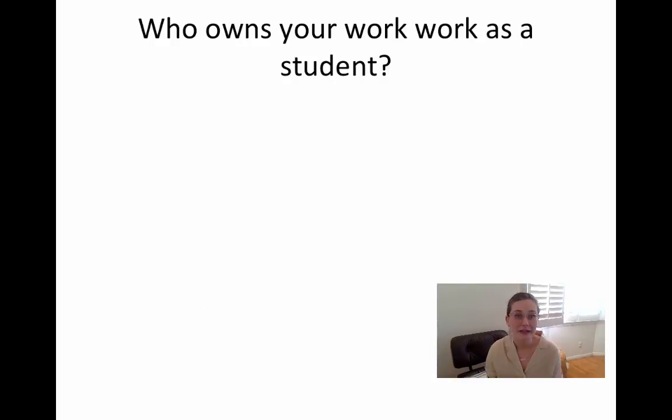One way to start thinking about this question of intellectual property would be to think about who owns your work as a student. You are frequently asked to submit your work to various websites or platforms as a student. Of course, in this class, we ask you to upload your work to the course website via Canvas.